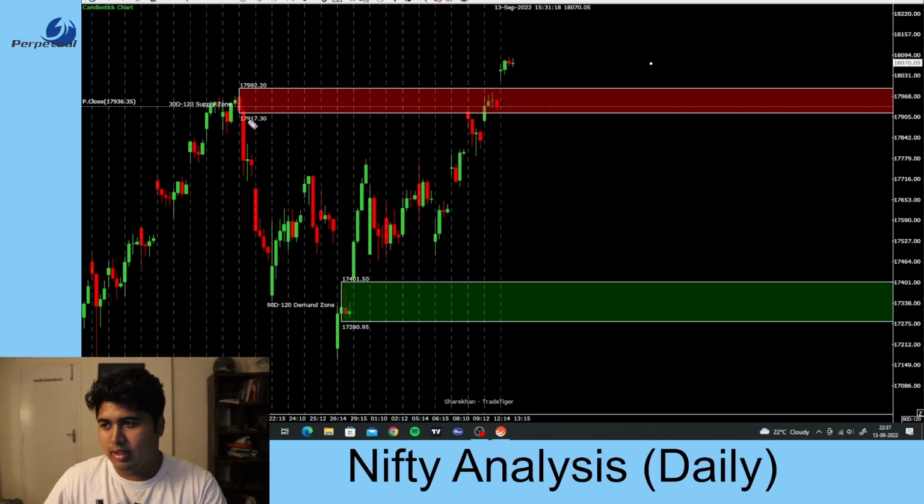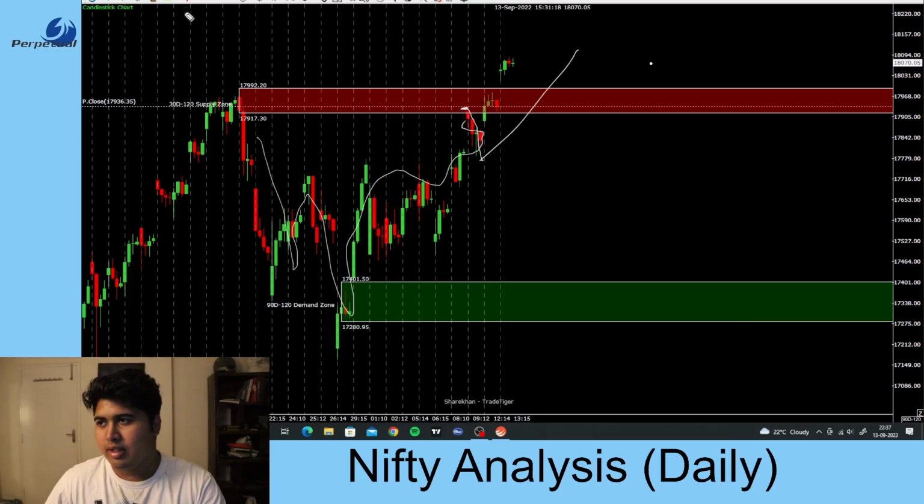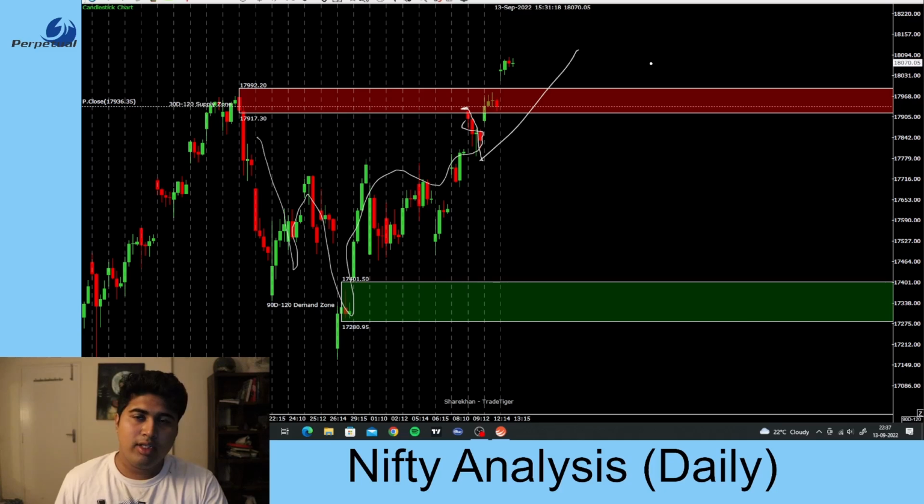And the supply zone was formed here, and the market went down and up and down and up and all the things. And as you see, it touched here for the first time, and then it fell, and then it went up. So the supply zone that we've marked in the daily has definitely had an impact. It was not a zone that didn't work. It has helped as a reference for the 120-minute supply zone.